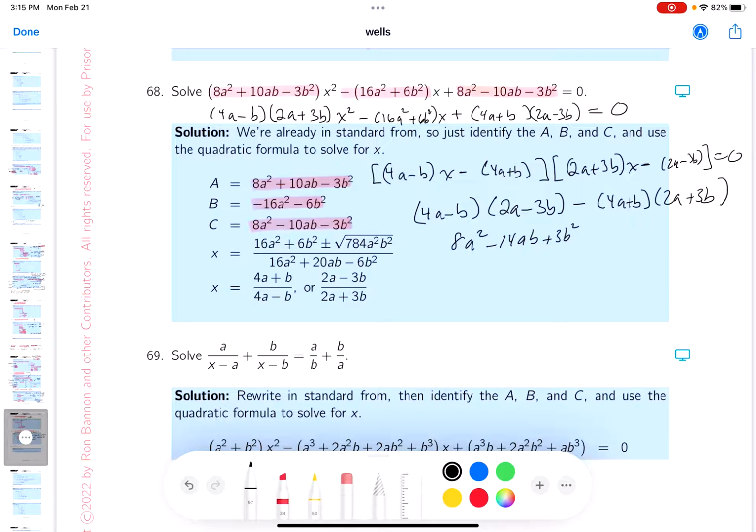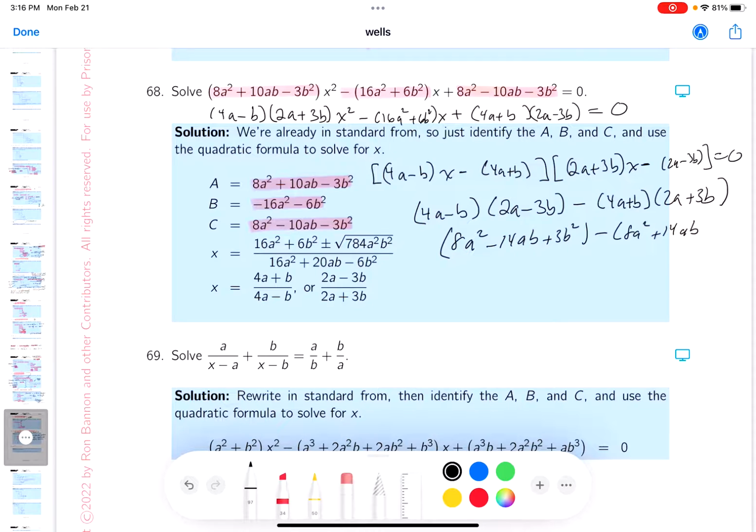Minus 12 minus 2 is minus 14, got that. Yeah, looks pretty good. Didn't say I was right, it's just to look good. 8A squared. That's promising. I'll get the 16A squared, but I don't know if I get the rest of it. Then you're going to get 12 and 2 is 14 AB.